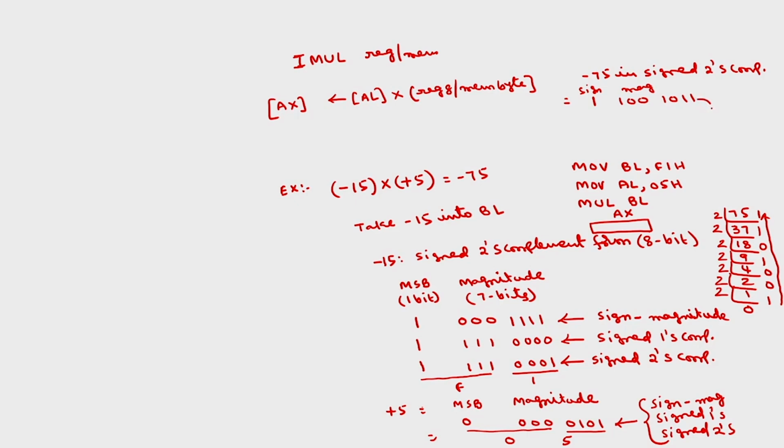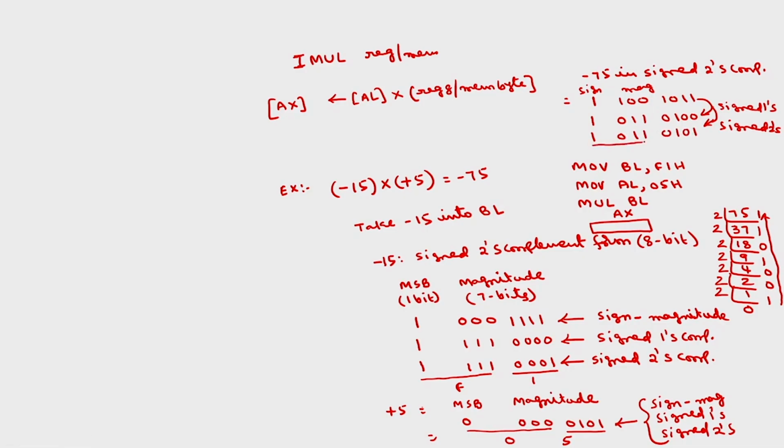So from this, for signed 1's you take the 1's complement: this MSB remains 1, and the rest is 0110100. For signed 2's you add 1 to this, so we get 1011 0101.